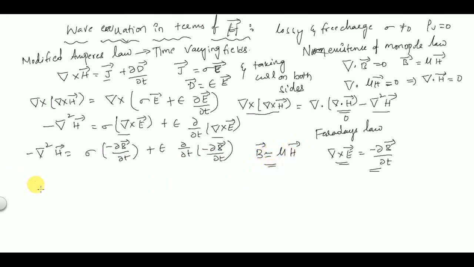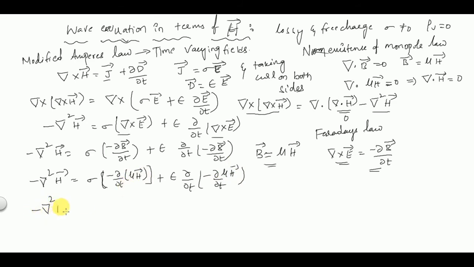Substituting this equation, what we have is minus del square H bar is equal to sigma into minus dou by dou t of mu H, plus epsilon into dou by dou t of minus, in the place of B bar we can write it as mu H bar, dou by dou t. Mu is a constant, so you can write it outside.